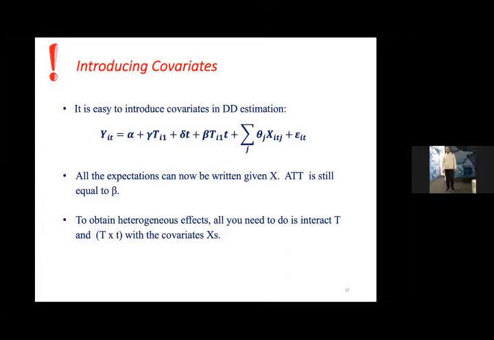And when we want to add the observables, we add the X's, the covariates. So in this case, you are controlling for all the observable characteristics and the unobservable characteristics that do not change over time that may affect your outcome. So you are sure that your estimation of the treatment effect is not biased by these observed characteristics or unobserved time invariant characteristics. Thank you, Professor.